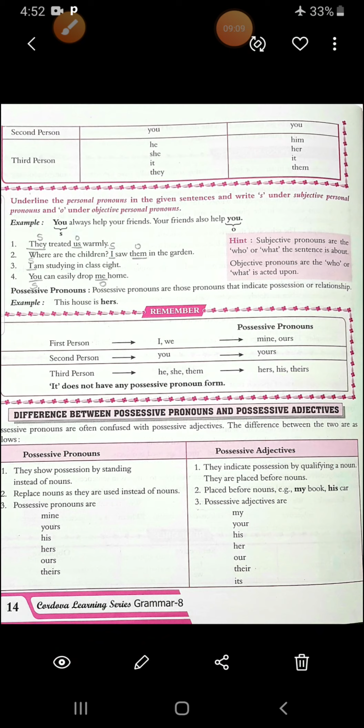Then for third person, if the subject is he, then the object will be him. If the subject is she, the object will be her. If the subject is it, the object will be it. If the subject is they, the object will be them. I hope this much is clear.